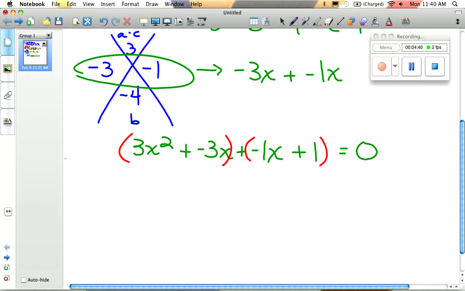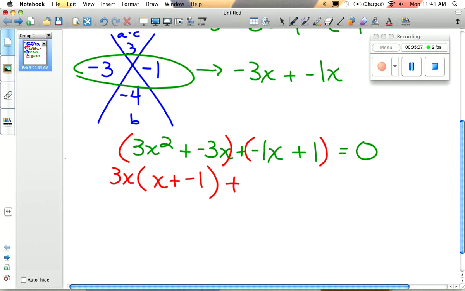When we factor by grouping, we take the GCF of each group, independent of the other. So what's the GCF of the first group? 3x. And what's the resulting factor? x plus negative 1. Negative 3x divided by 3x is negative 1. What's going to be the GCF of our second group?